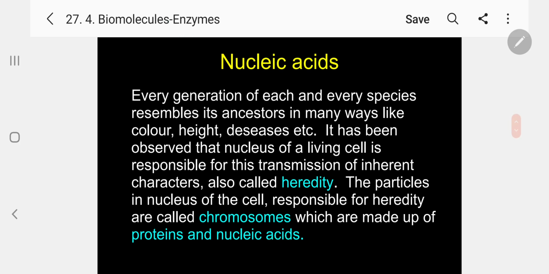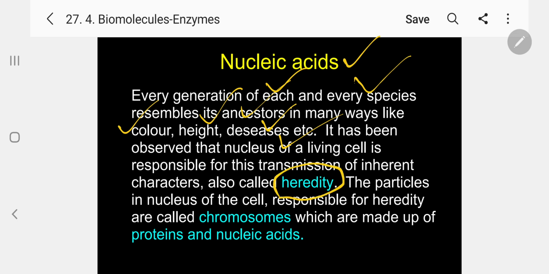Next, let me concentrate on nucleic acids. Kindly follow. Every generation of each and every species, that is human beings and animals, birds, resembles its ancestors in many ways, like color, height, diseases, etc. It has been observed that the nucleus of a living cell is responsible for this transmission of inherent character, also called heredity.